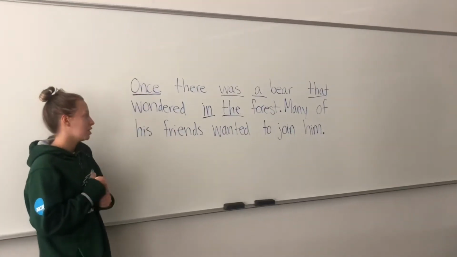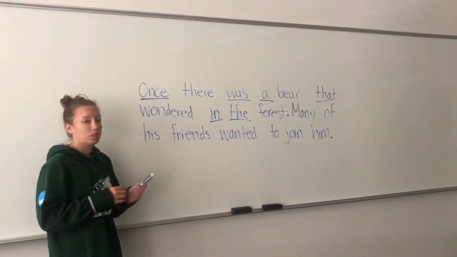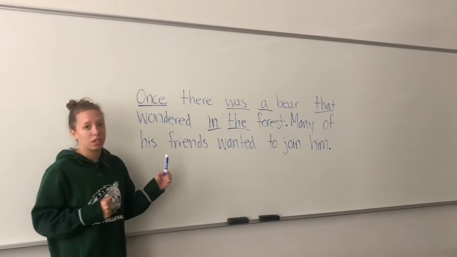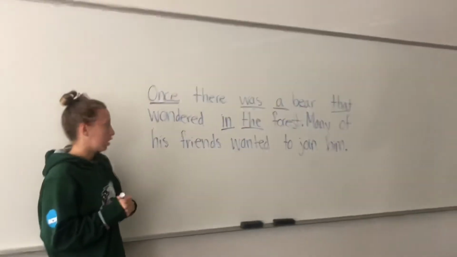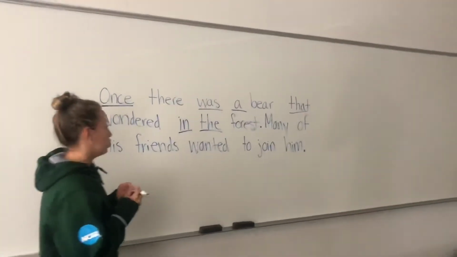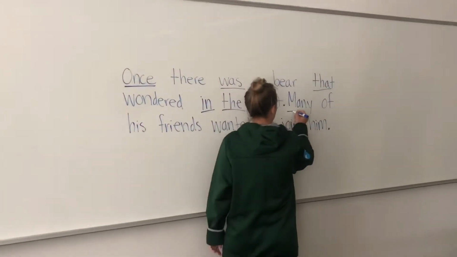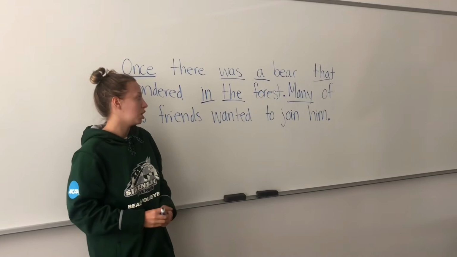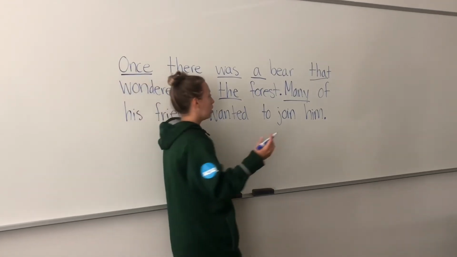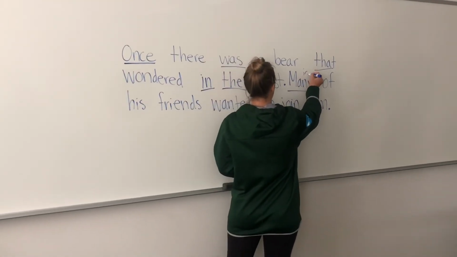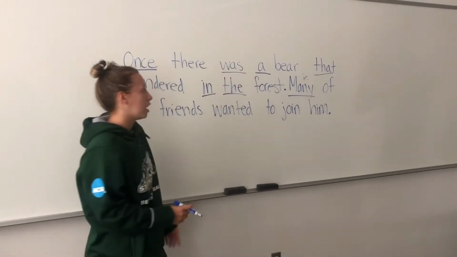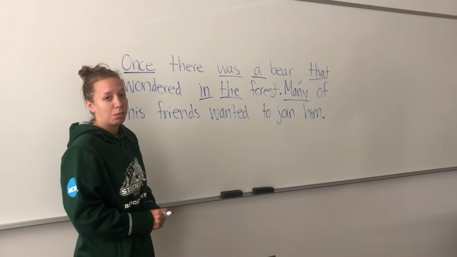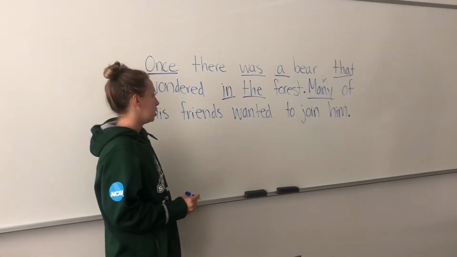So for the second sentence, we're going to have the same procedure. We're going to go through the sentence, and as a student sees one of the words, they can come up and underline it. The first one is many, and if they recognize that many is an irregular sight word, they can say that or write irregular right there, just so the class recognizes that it doesn't follow those phonemic rules when we're pronouncing it.